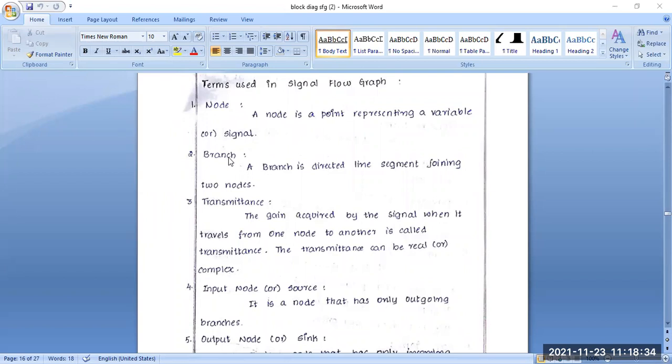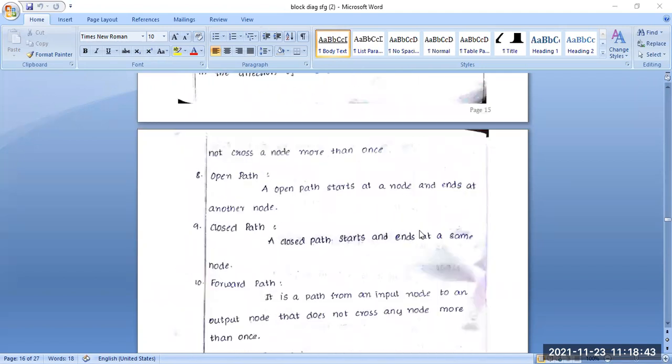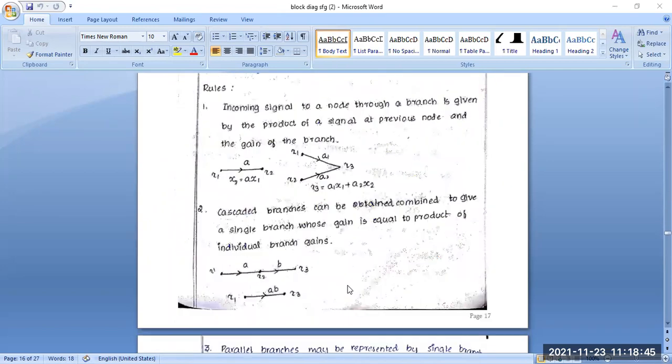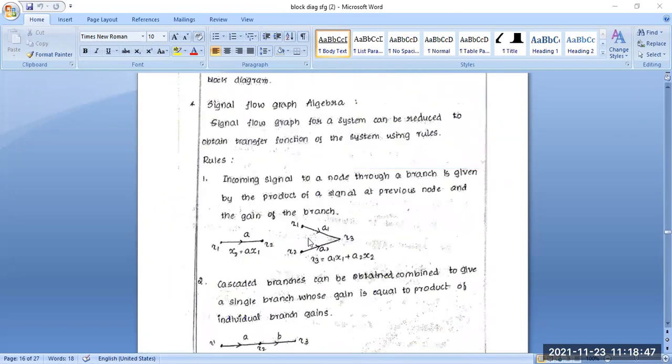Branch. What is a branch? A branch is a directed line segment flowing between two nodes. In this diagram you can see x1 is one node and x2 is another node. These are one branch and another branch, so this is called the branching system, and the other node is x3.